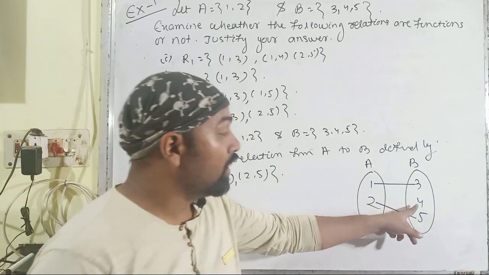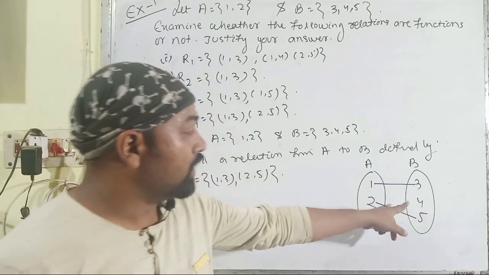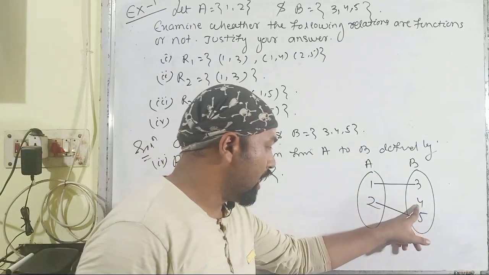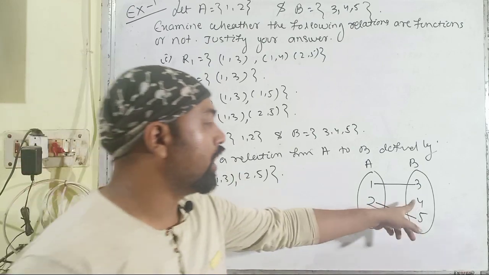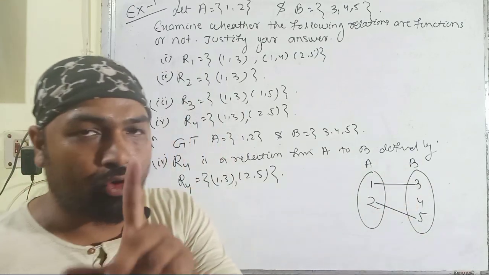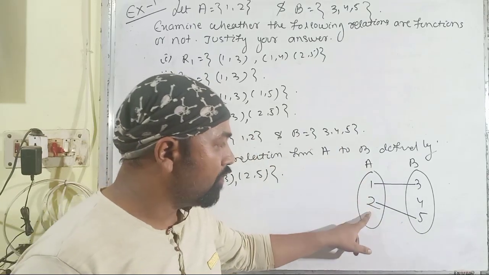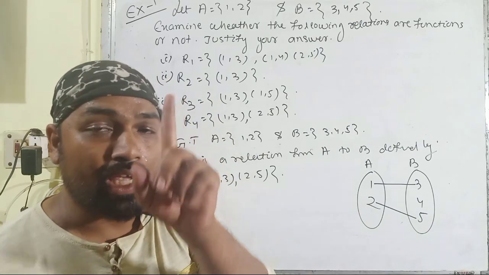There is one element remaining, the point 4 in the second set, which has not been attached to any element in the first set, but we have no condition on the elements of the second set. We have conditions only for the first set: each and every element of the first set must have an image, and that image must be unique.